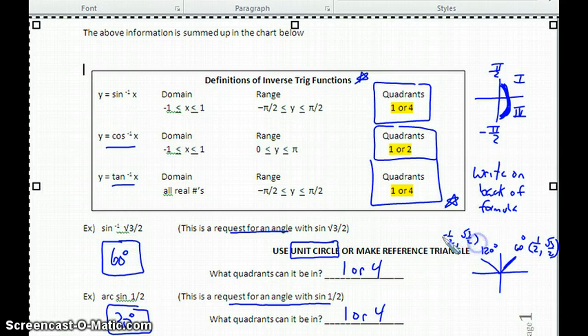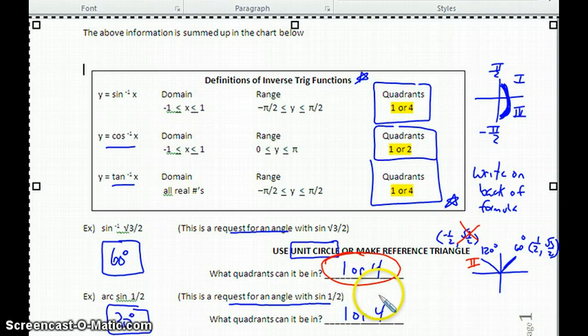So the question that usually comes up is, well, doesn't 120 degrees have a sine of the square root of 3 over 2? Yes, it does, but notice that this is quadrant 2, and the sine inverse does not exist in quadrant 2. So that's how we can eliminate this as being a choice, and I really only have one actual answer for where the sine inverse would exist.